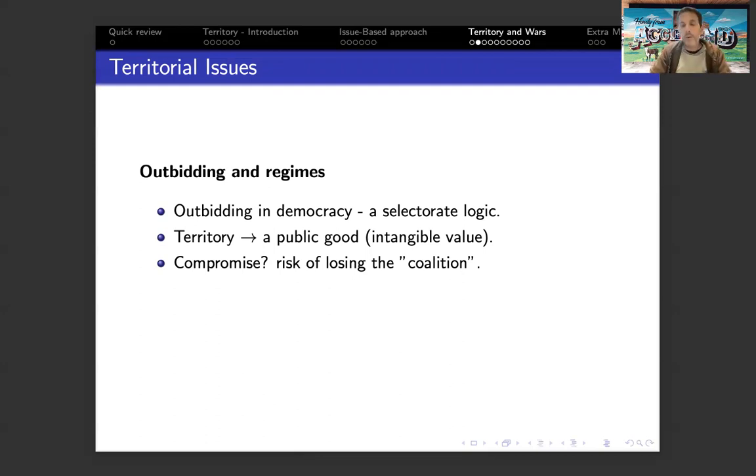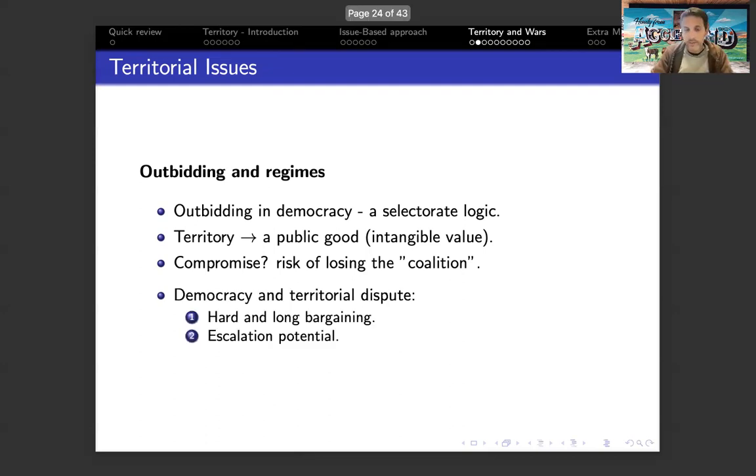The bottom line of this point is that democracies, when they face territorial disputes, are more likely to bargain a lot harder and for much longer over resolving that issue. And they're also more likely to accept the risk of escalating a territorial dispute into a war over territory, right?